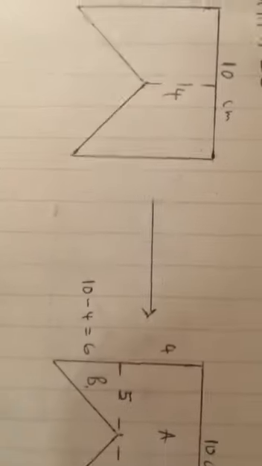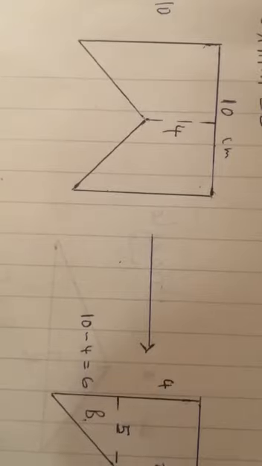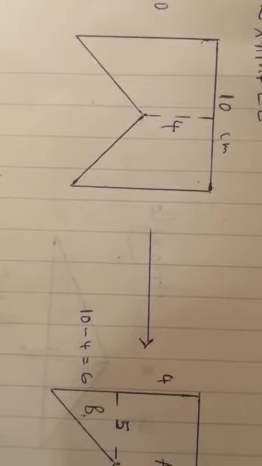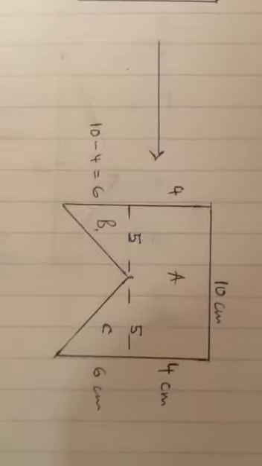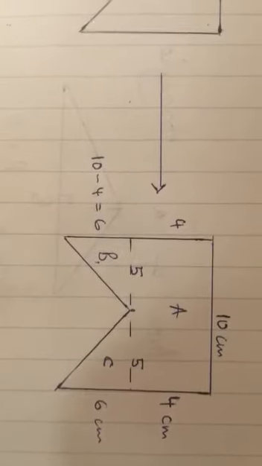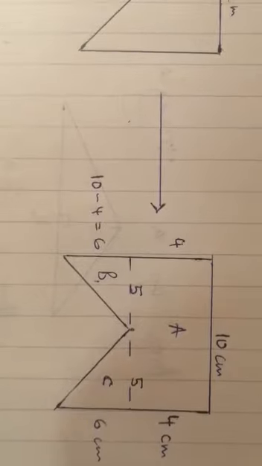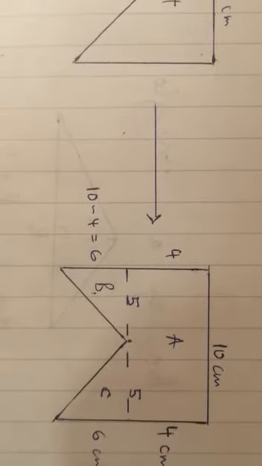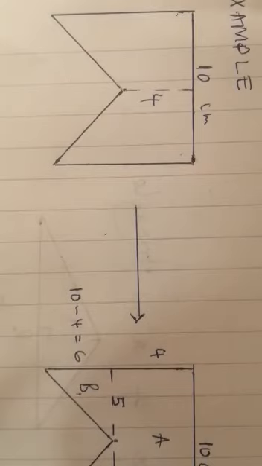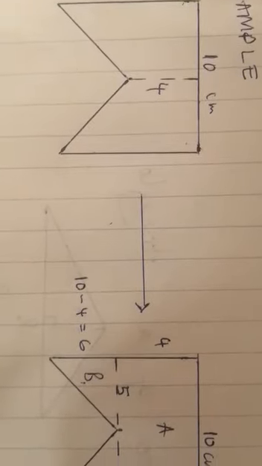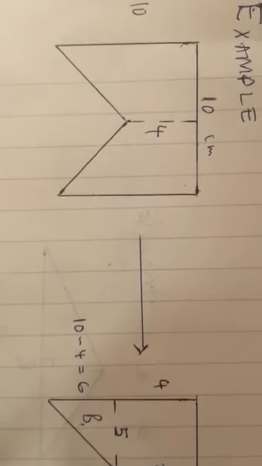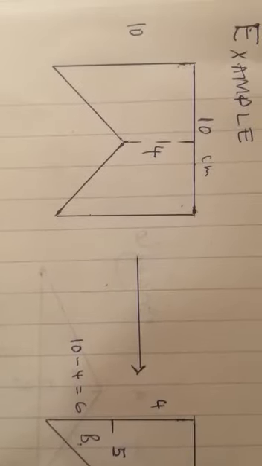You know the formula of finding the area of a rectangle from the previous pages, which is length times width. And you also know the formula to find the area of a triangle, which is base times height over 2. Now we are going to go through this example together and see how we are going to solve it.